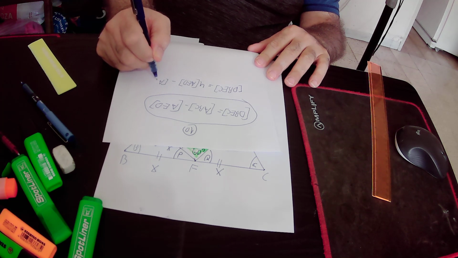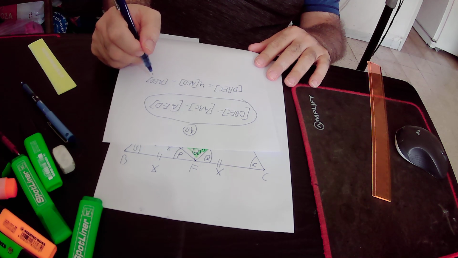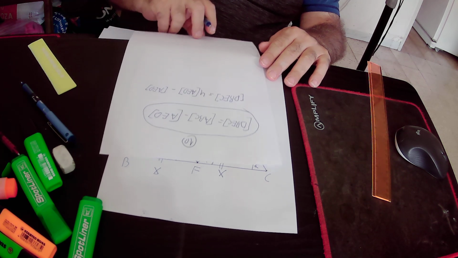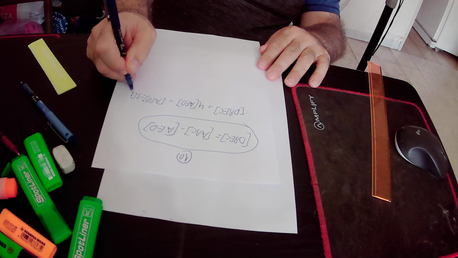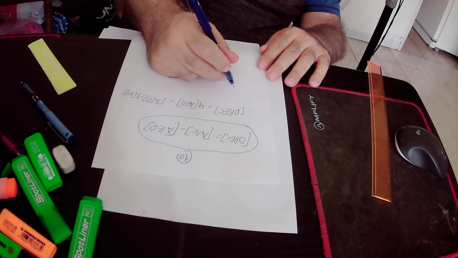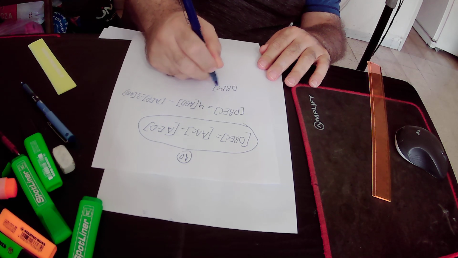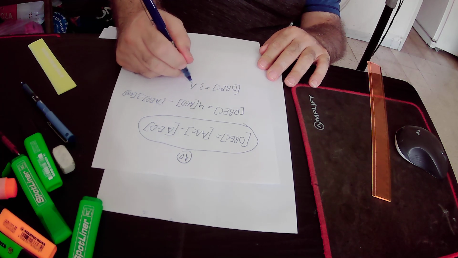So we have here 4 times the area of triangle AED minus 1 times the area of triangle AED. It equals 3 times the area of triangle AED. So we actually found out that the area of the quadrilateral DBEC is equal to 3 times the area of triangle AED.